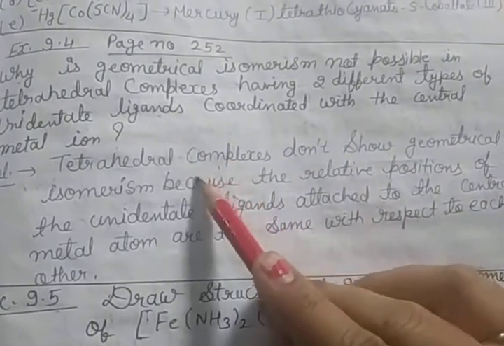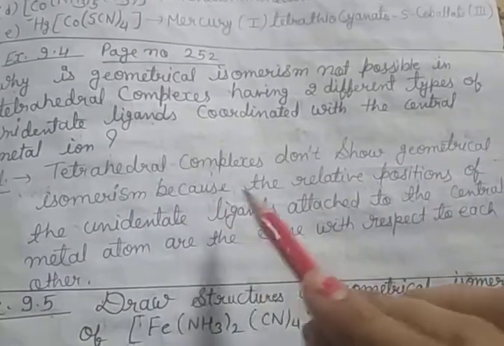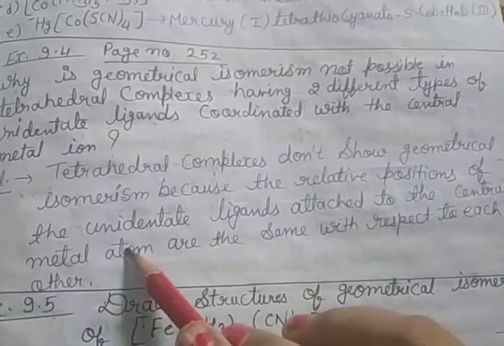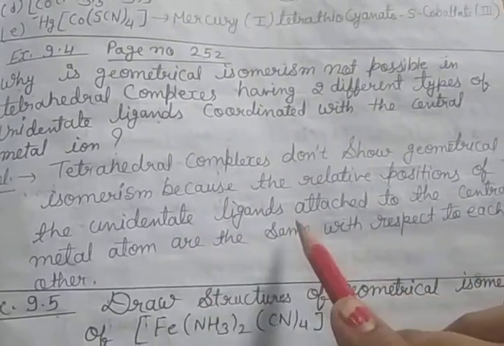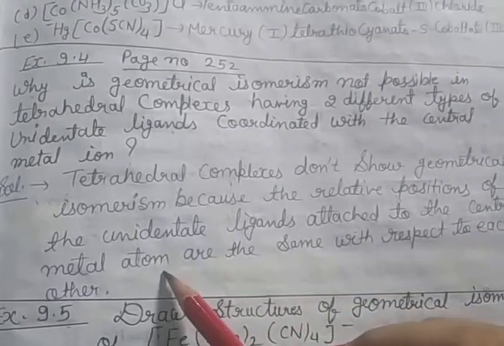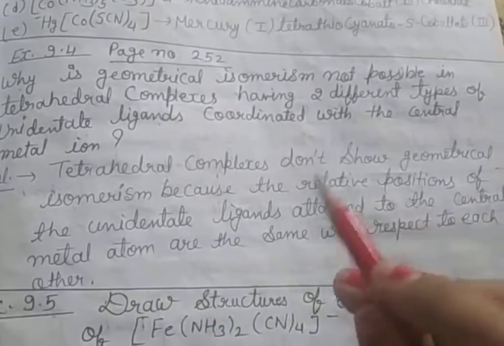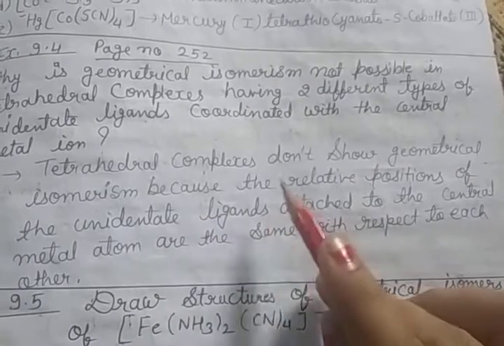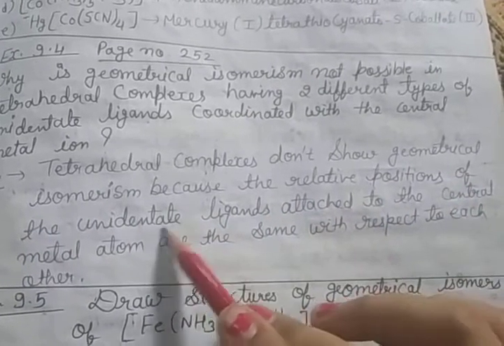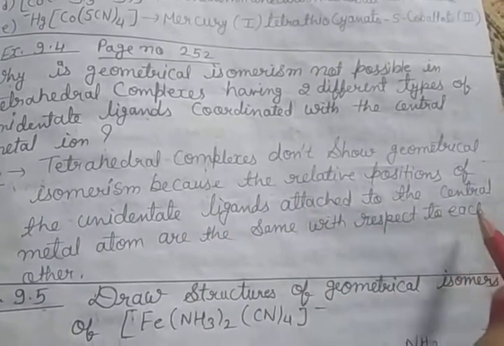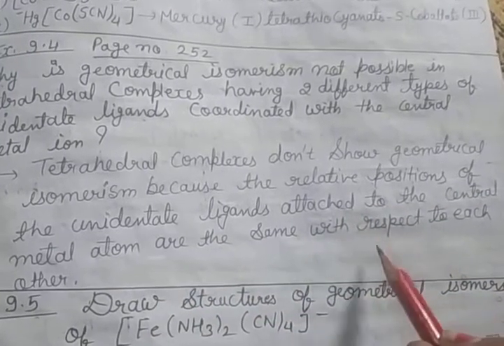Tetrahedral complexes don't show geometrical isomerism, because the relative positions of the unidentate ligands attached to the central metal atom are the same with respect to each other.